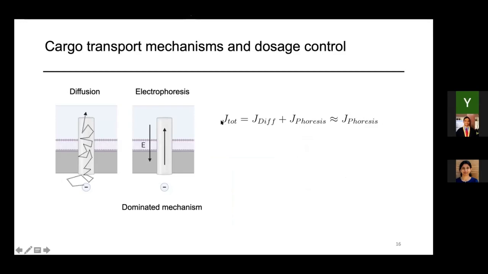So the total flux of the molecule to transport is the diffusion plus the electrophoresis. And we also know that, as I mentioned, for charged molecules, the electrophoresis is going to be the dominant because it's much faster, and then the total flux will be approximately equal to the flux from the electrophoresis.